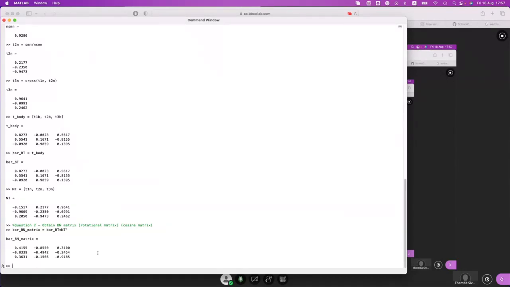Okay, guys. Okay. So now that we are happy, we have our rotational matrix, we can then extract anything we want from this matrix.